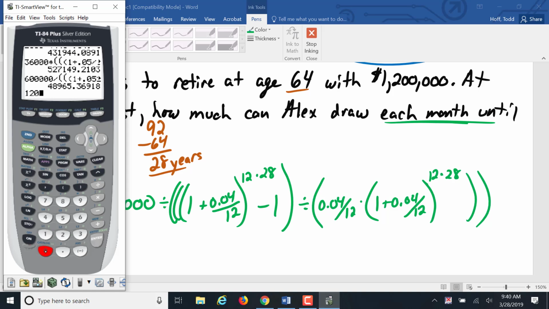So 1.2 million, make sure we got the right number of zeros there, we do, divided by 1, 2, 3. These formulas do seem very repetitive, and they kind of are. It's the same terms over and over, but there's a reason for each of them.